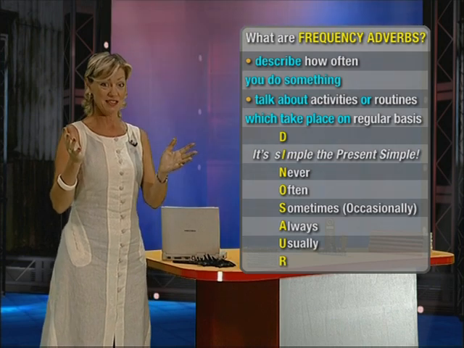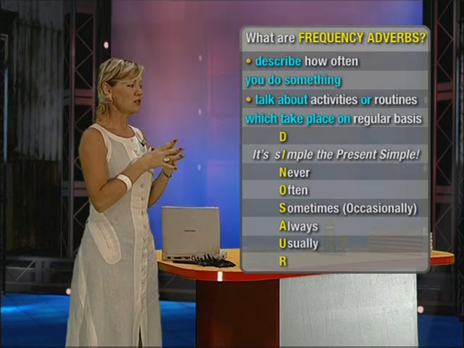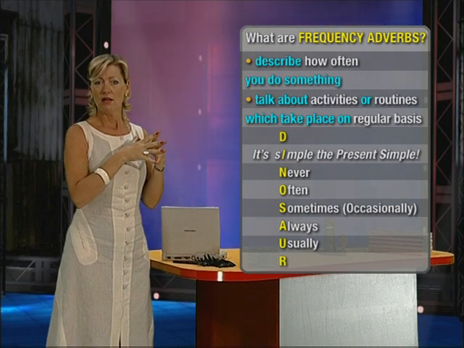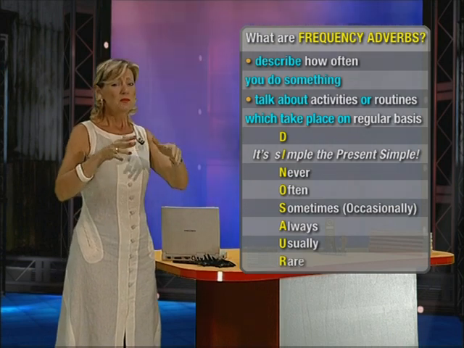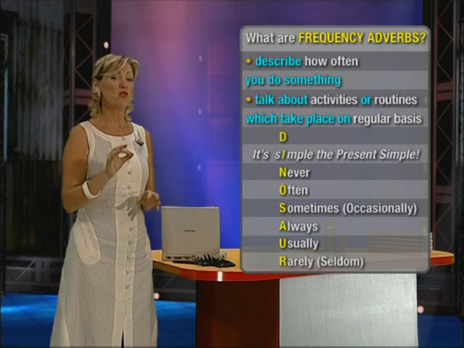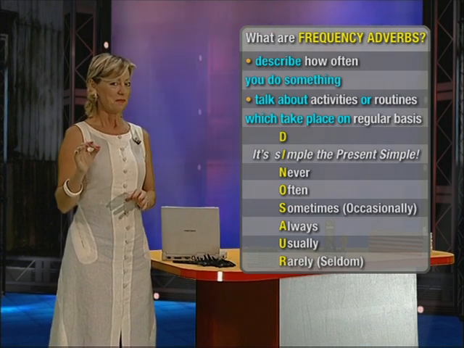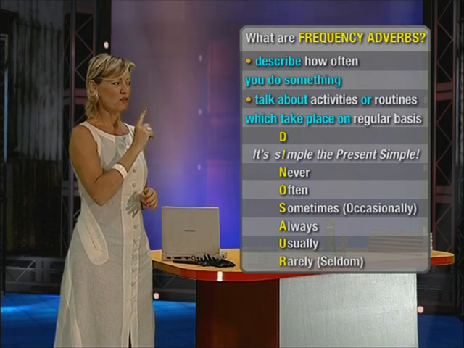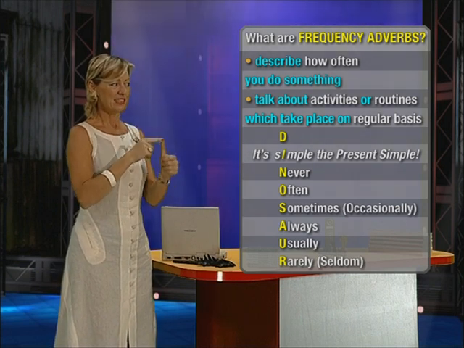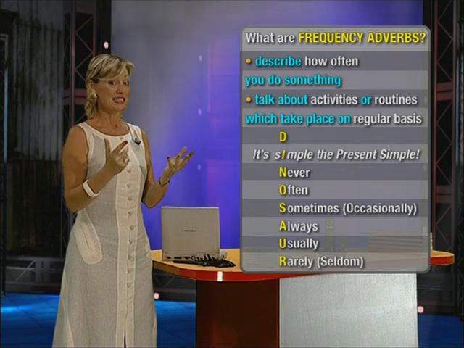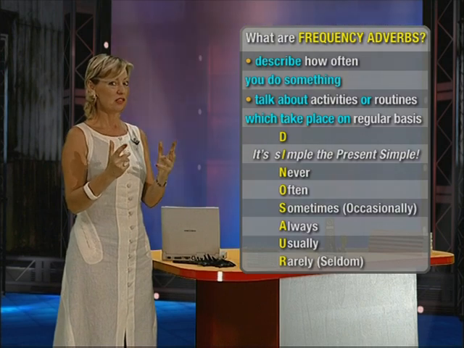Usually, it's a habit. What about R? R stands for rarely. That's difficult to pronounce. Rarely. And the last one, look at the top. We've got D. Monday, Tuesday, Wednesday, Thursday, Friday, Saturday, Sunday is a bit strange, this.